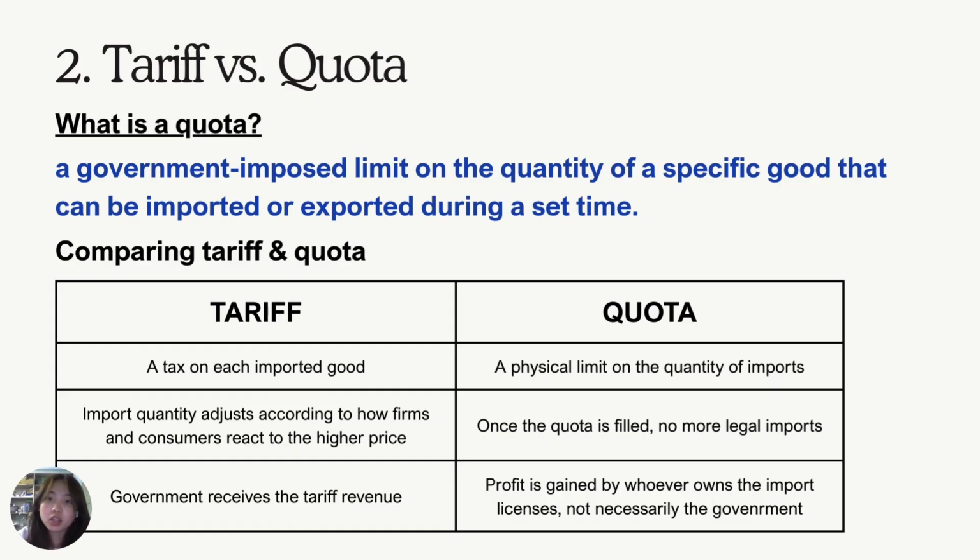With tariffs, the import quantity will adjust according to how firms and consumers react to the higher price, while with a quota, once the quota has been reached, no more legal imports will be accepted. And lastly, with tariffs, the government receives the tax revenue, while with a quota, the profit is largely gained by whoever owns the import license. So it doesn't necessarily have to be the government.